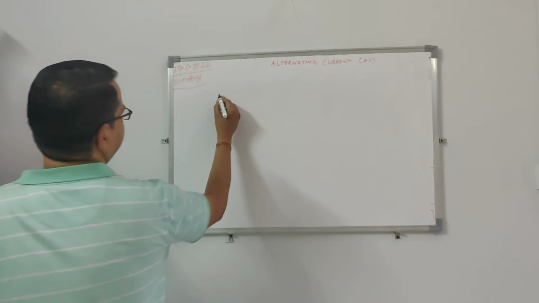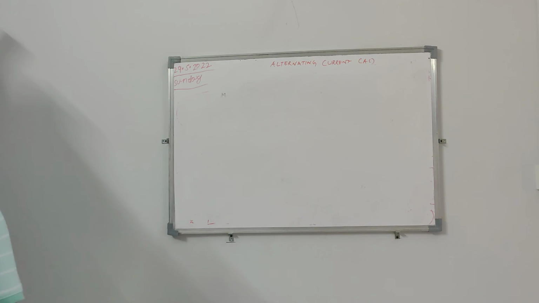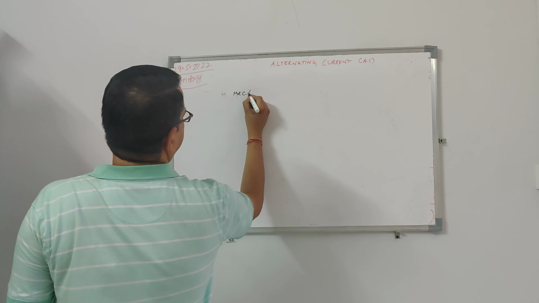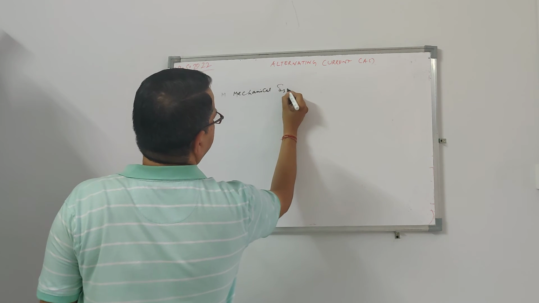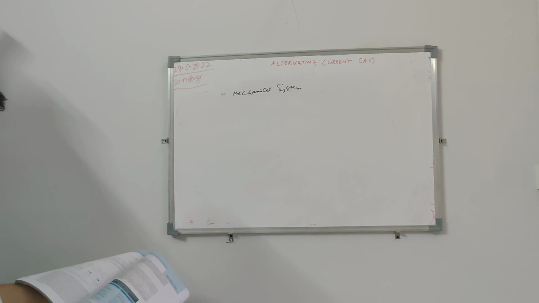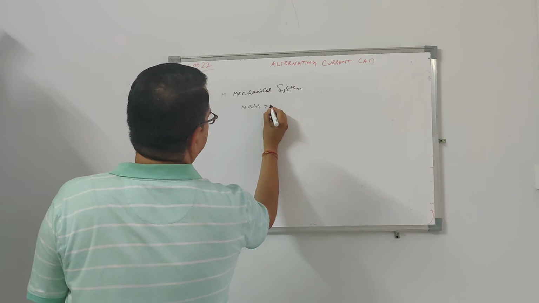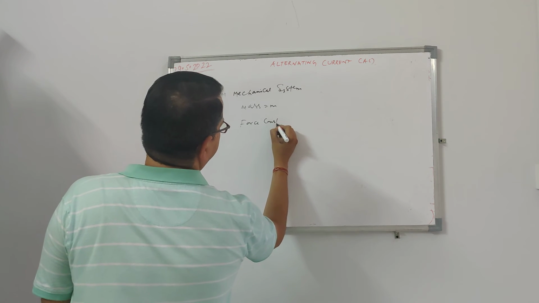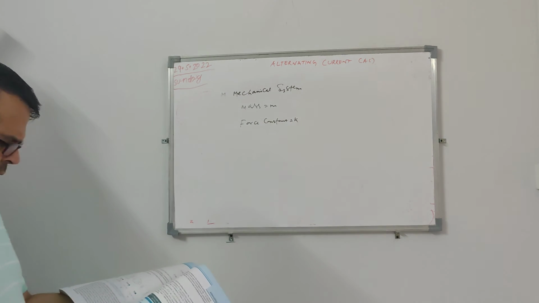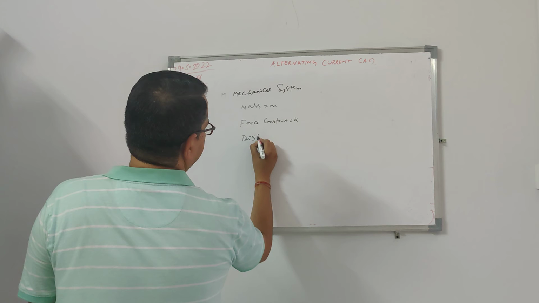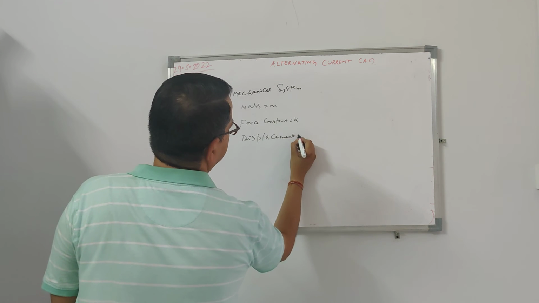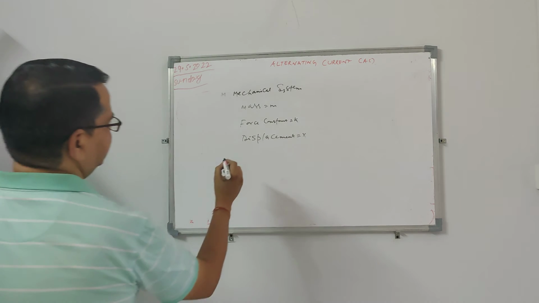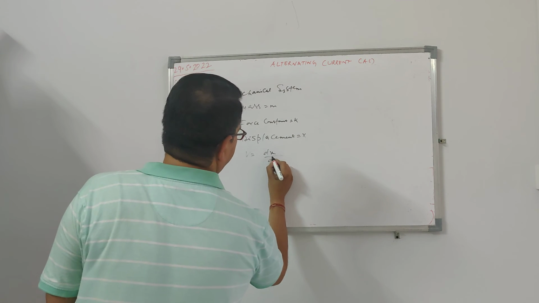In the mechanical system, my mass is m, my stiffness or force constant is k, my displacement is x, and my velocity is the first derivative of displacement, dx by dt.